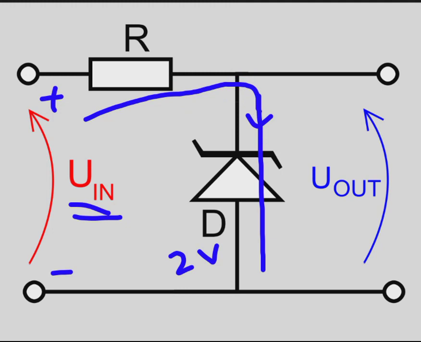There is a current flowing through the R, and then that same current the diode will allow to flow from cathode to the anode. And once that happens, you have a constant voltage drop of 2 volt across the Zener terminal, which is nothing but your U out, that is the output voltage.